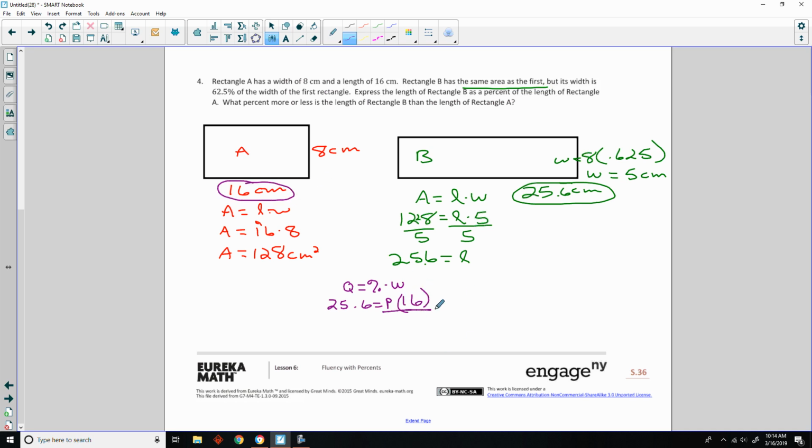So in order to solve this, I divide both sides by 16, and I get P equal to 25.6 over 16. I can reduce that, because 256 divided by 16 is 16, but there's a decimal place.